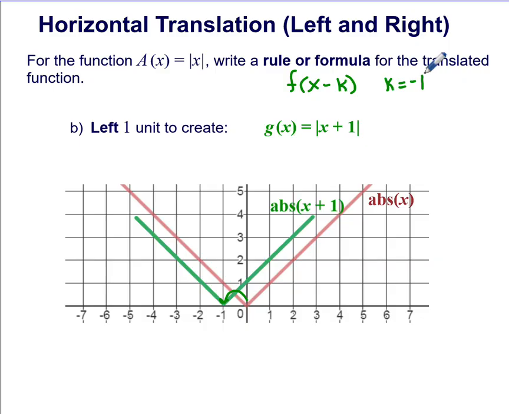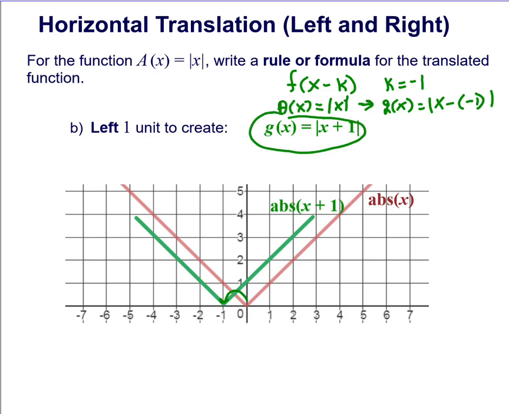So a of x is the absolute value of x, and our new function g of x is equal to the absolute value of x minus negative 1. G of x is equal to the absolute value of x plus 1, since in arithmetic, 2 negatives make a positive when they're near each other like this.